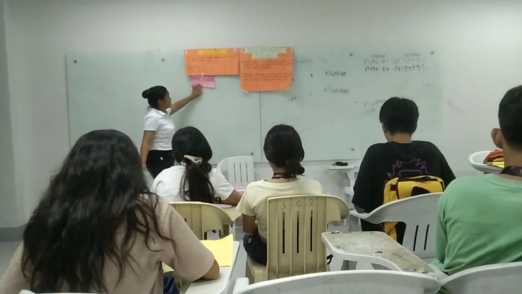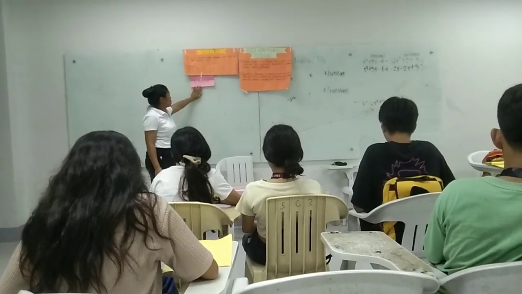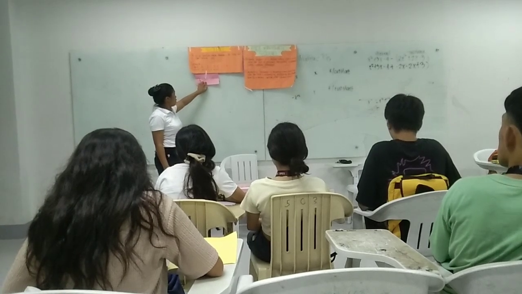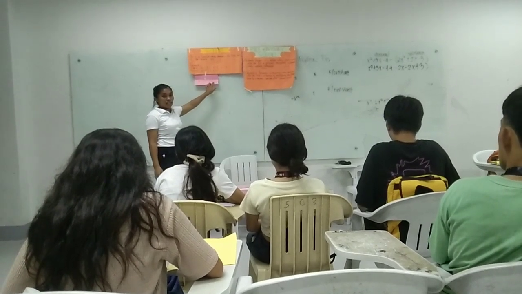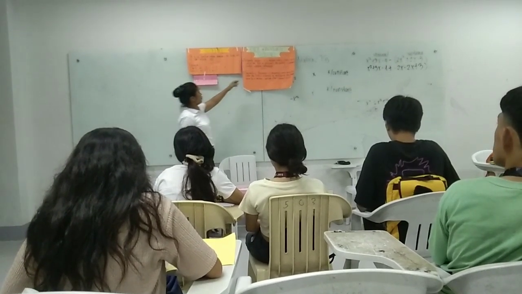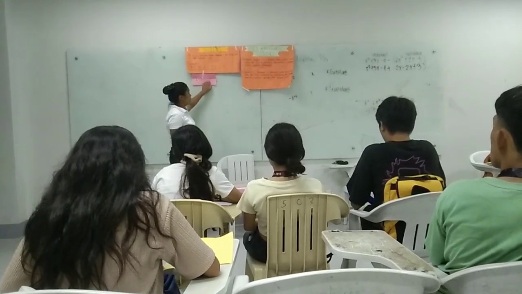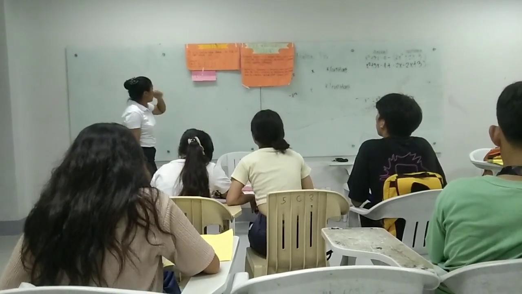So this is the general formula in finding the arithmetic sequence. a sub n is equal to a sub 1 plus n minus 1 times d. So the common difference here mentioned is denoted as d.